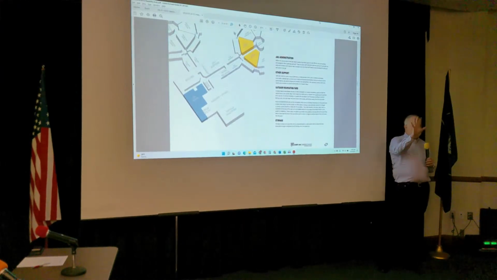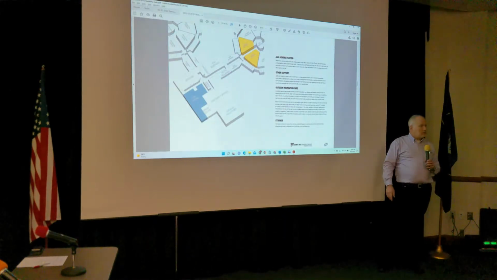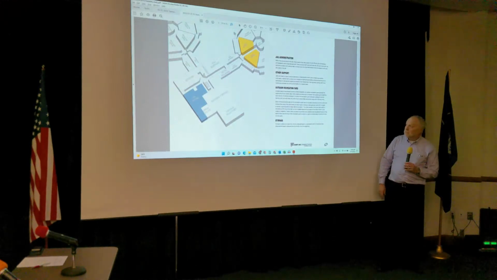In a two-pod scenario, we would put the chapel and the program spaces in the medical bay in the second pod. In a one-pod scenario, we'd need to put the program spaces back into part of the admin building, to leave room for the pod, so we had enough capacity for inmates in the pod.